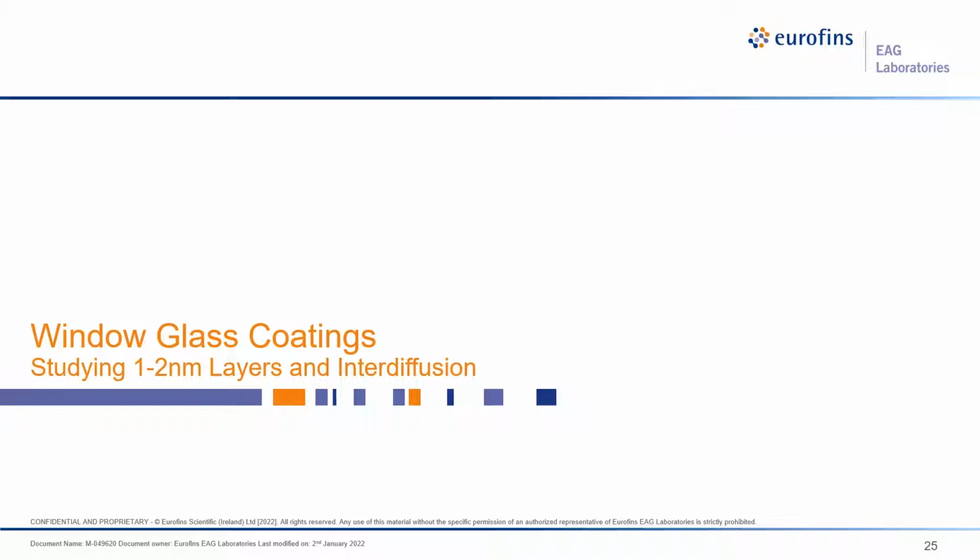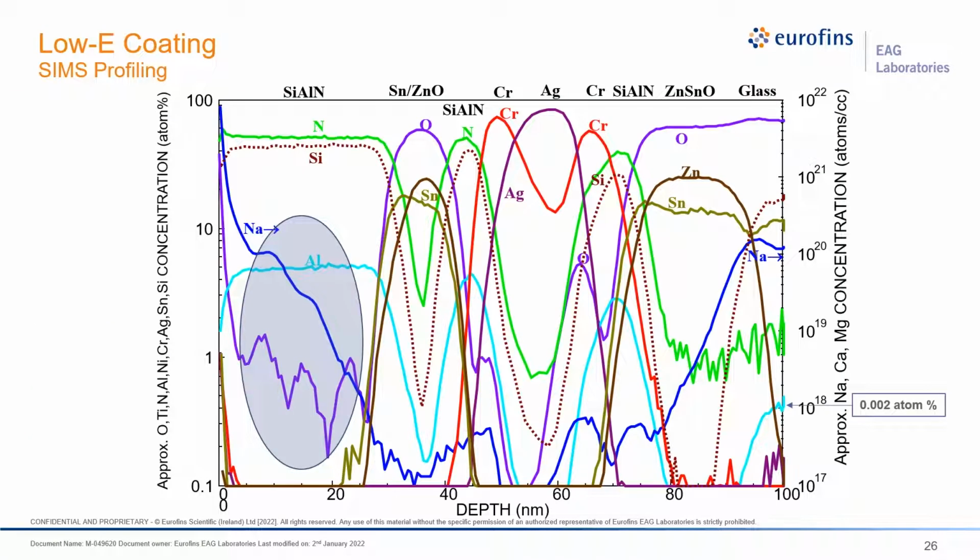They are usually made to control the solar transmission of the window glass, so that during the summertime, less of the sunlight comes into the interiors, and in the wintertime, it allows the sunlight to go into the interiors. The performance is controlled by metallic layers, and usually they are silver, chromium, or nickel chromium in the middle of the stack.